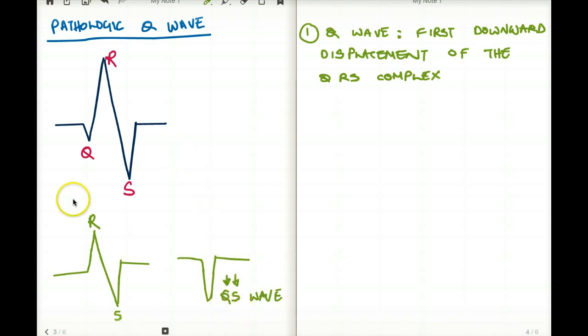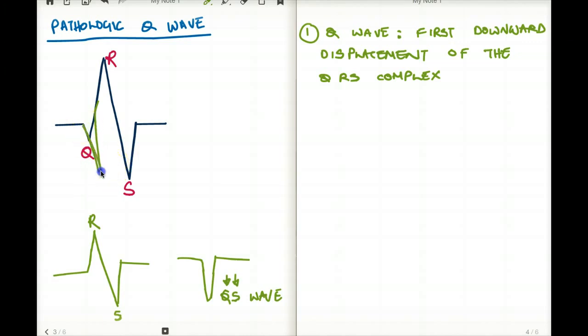So now that we have a little bit of understanding of what a normal Q wave looks like, what would a pathologic Q wave look like? In a pathologic Q wave, usually the Q wave is relatively quite large. Usually Q waves are so small that sometimes you can't even see them. It's a first deflection in the negative direction.